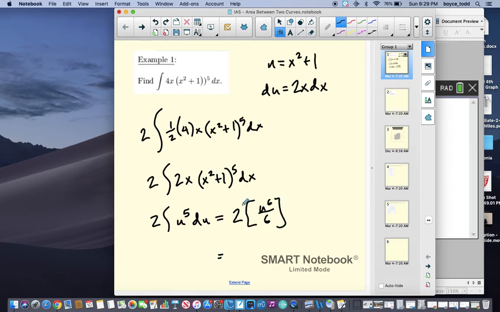And that's really going to be 2 divided by 6, which is 1/3, and then the u becomes x squared plus 1. So x squared plus 1 to the 6th, and we're not evaluating any numbers here. This is actually an indefinite integral, so we're just going to put plus c, and that finishes that problem. Okay? So we have 1/3 times x squared plus 1 to the 6th plus c. But you can see how we successfully used u and du to solve this one.